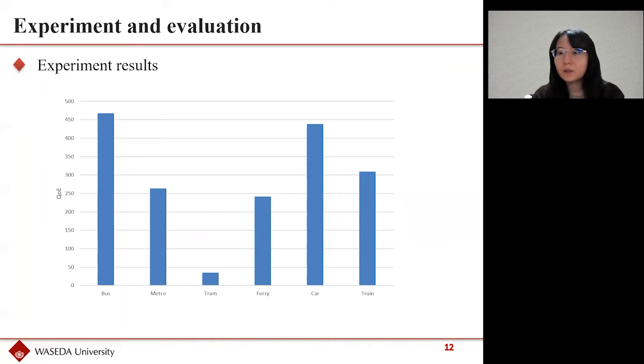In this case, the total QoE in the tram case is the smallest, and the total QoE in the bus case shows the highest value, because its bandwidth is the highest after about 200 seconds, and the bandwidth before 130 seconds is not low.